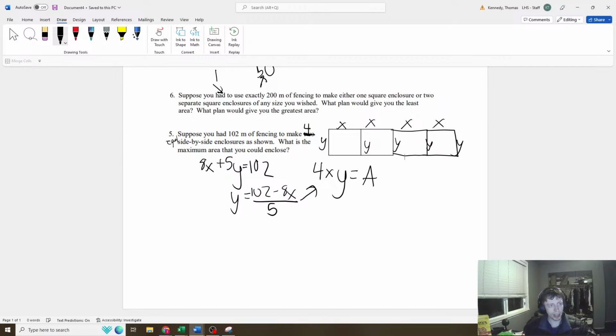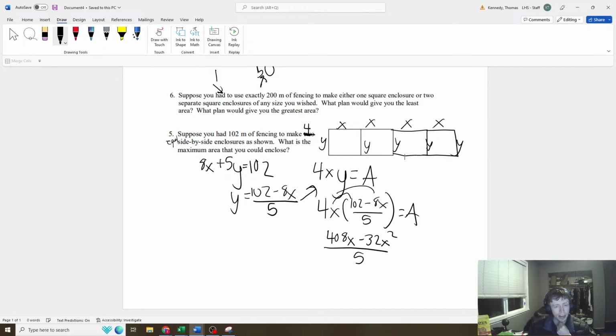We're going to chuck that back over here and get 4x times (102 minus 8x) over 5 equals area. Okay, I'm going to distribute the 4x to both of these and get (408x minus 32x squared) over 5 equals area.